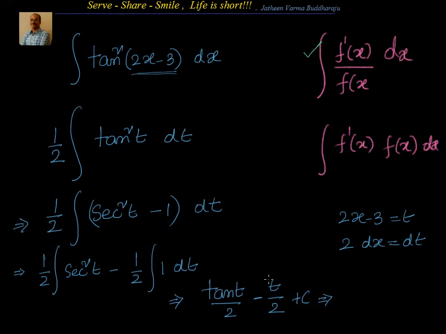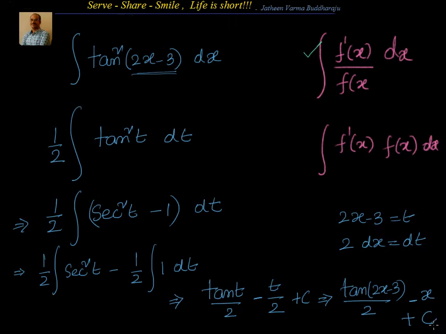T is nothing but 2x minus 3, so I can say tan of 2x minus 3 by 2, minus 2x by 2, so I can say minus x. I then have a constant term, so I can add it to the constant, and I can say that's equal to tan of 2x minus 3 by 2 minus x plus c.